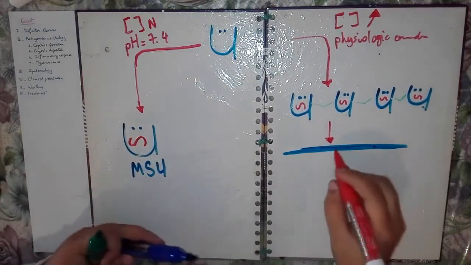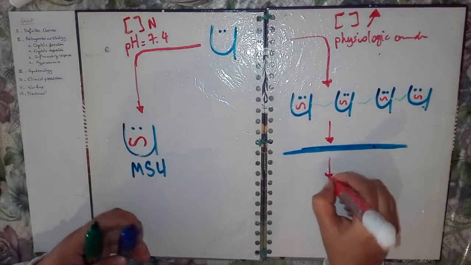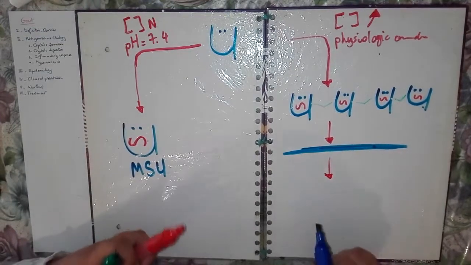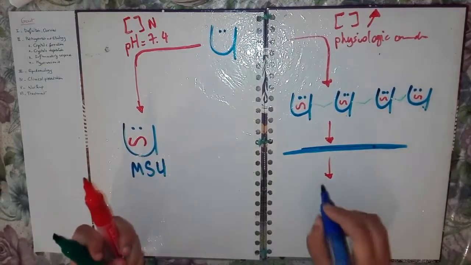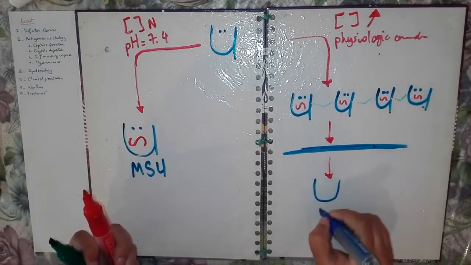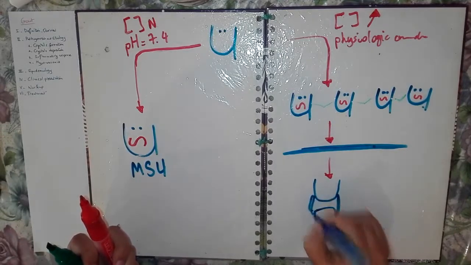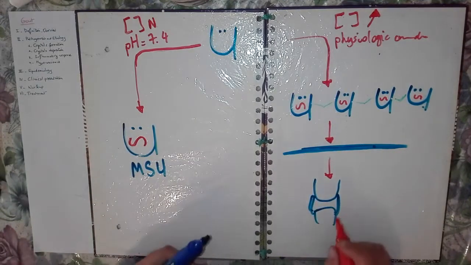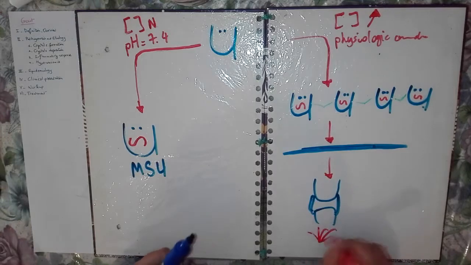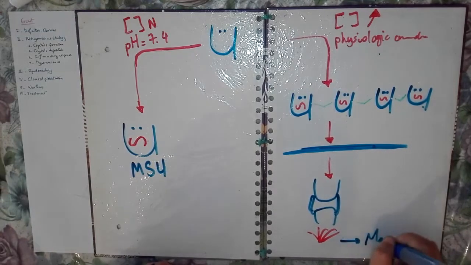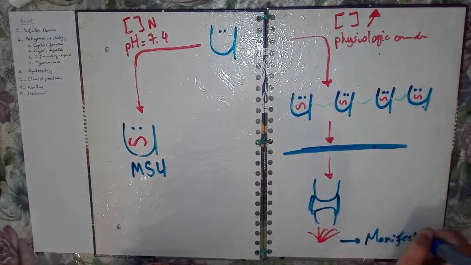These needle-shaped crystals are going to be deposited within the joint, cause inflammation, and give the clinical manifestation of gout.